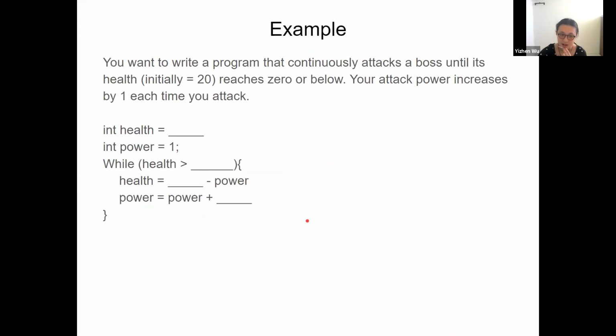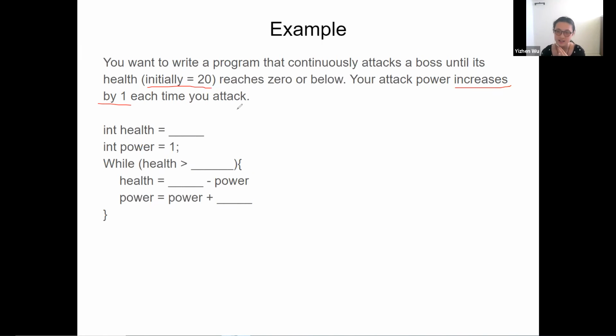And the next thing we're going to look at is the while loop. So let's say you want to write a program that continuously attacks a boss until its health, which is initially 20, reaches 0 or below. Your attack power increases by 1 each time you attack.